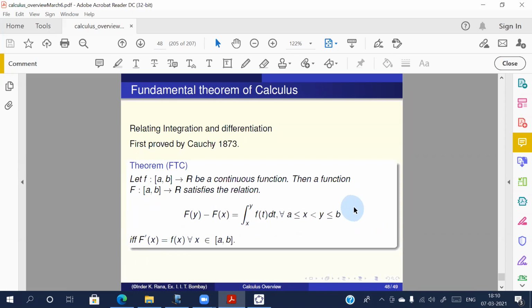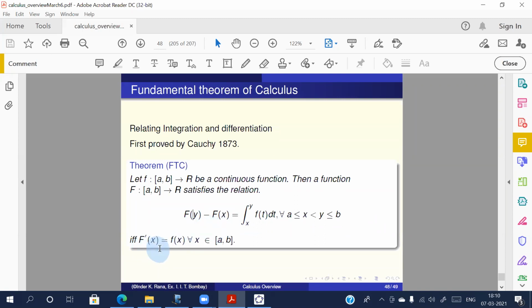What is the main crux of this theorem is the following. Let us take one way. Let us say the small f is the derivative, right? F dash is equal to f. So that means if I integrate the derivative, I'll get back the function. That is one way of the theorem. So you can recover the function by integrating the derivative.